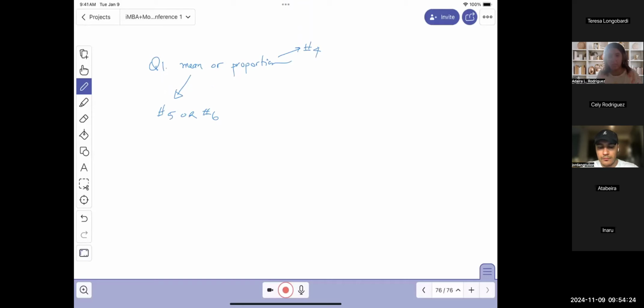If it's about the mean, the second question is, sigma given? If it is, you go to 6. If no, you go to 5. Okay. Sorry, I did it backwards. If yes, you go to 5. If no, you go to 6. Okay. I don't know why I did that backwards.